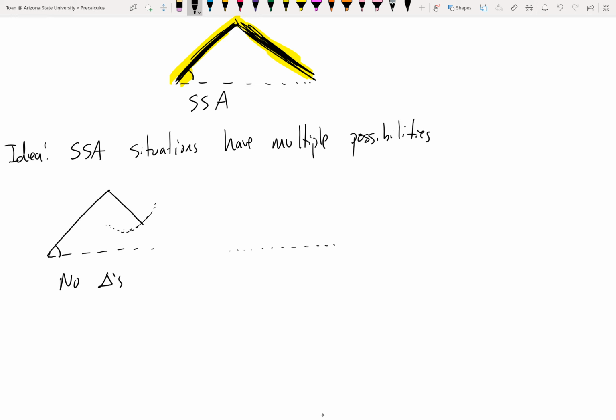The opposite side may be such that when you swing it, you'll only have one triangle, right? So this guy right here.